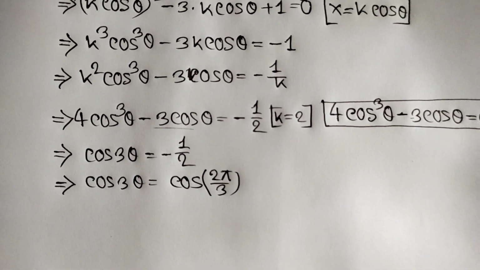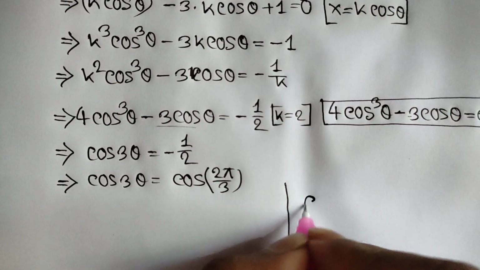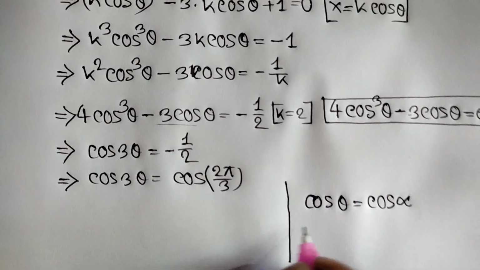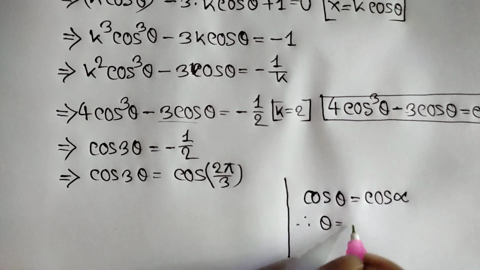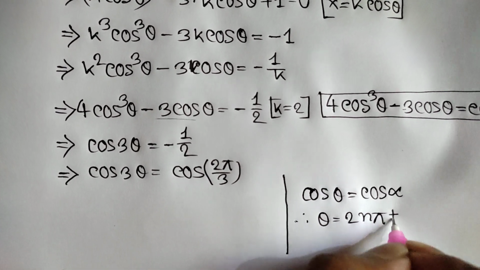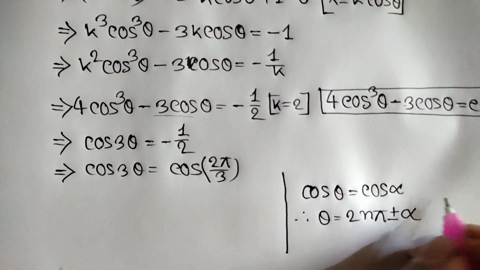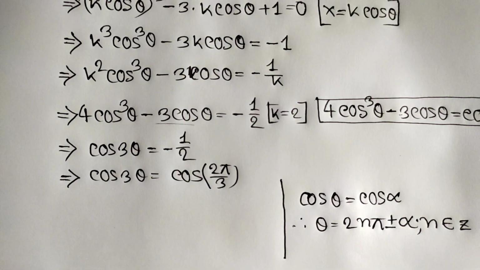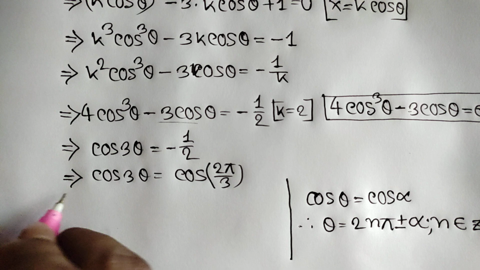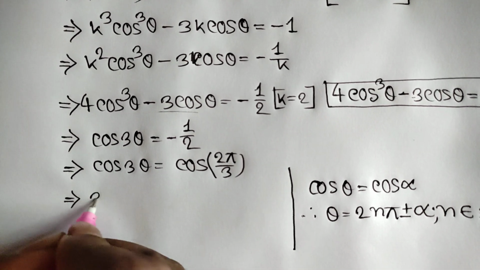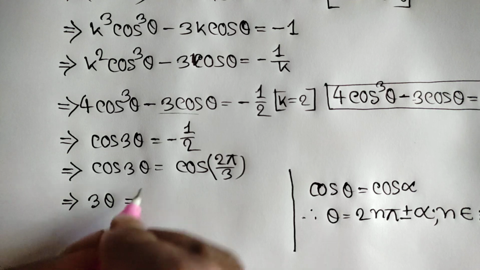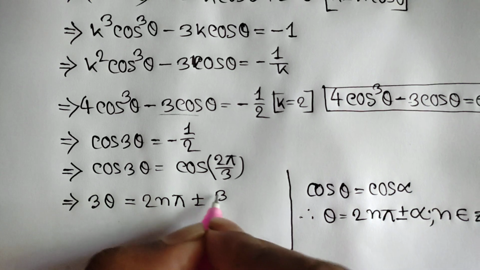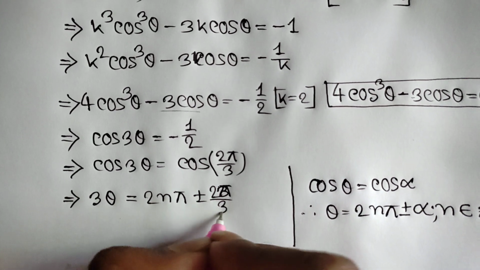Again we know when cos theta is equal to cos alpha, then theta is equal to 2n pi plus or minus alpha, where n belongs to Z. So we can write here 3 theta is equal to 2n pi plus or minus 2 pi by 3.